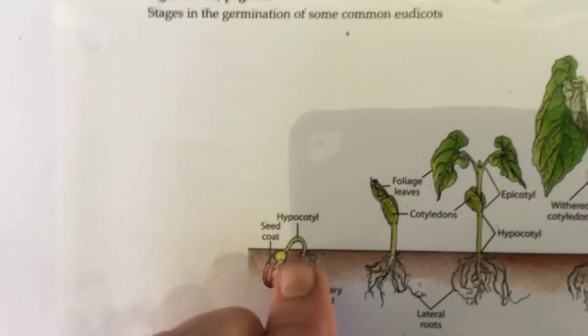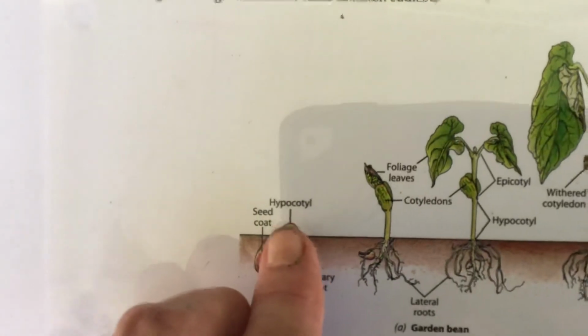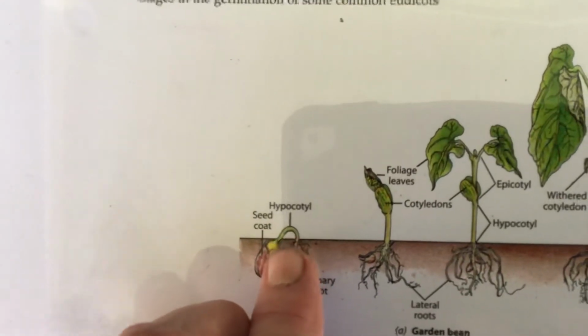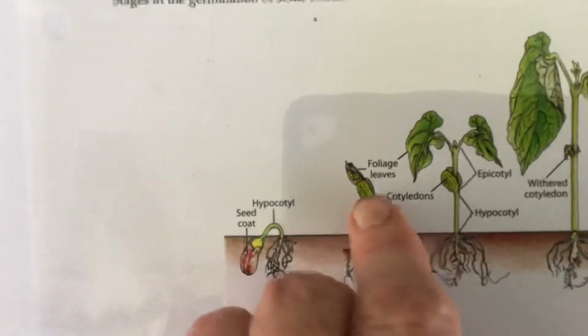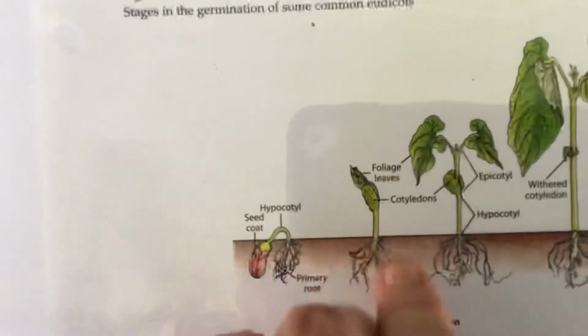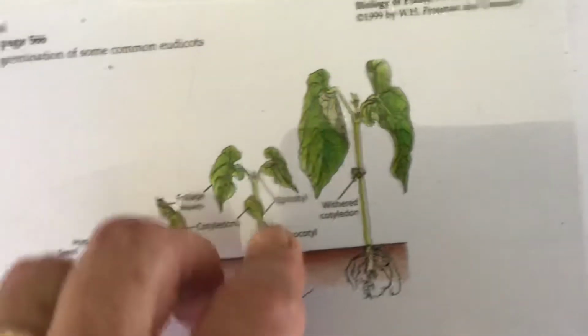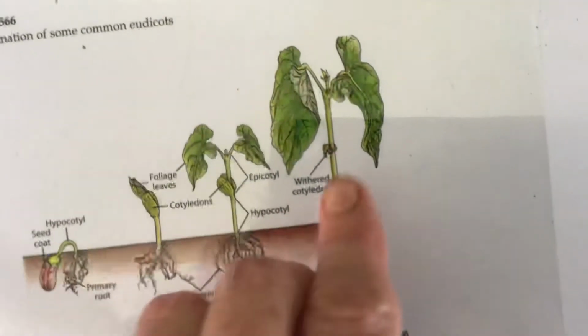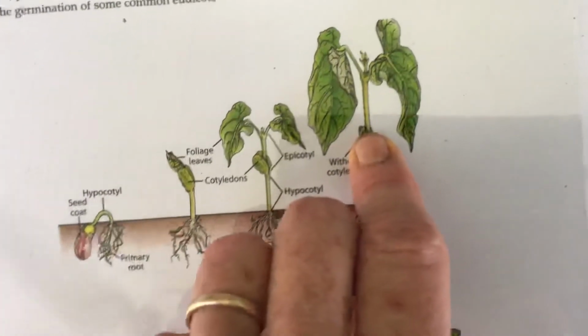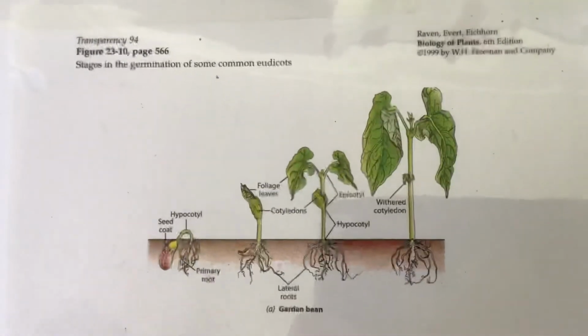That part, as it continues to grow, will pull the cotyledons and the foliage leaves out, and they will start to form and grow into the major part of the plant, and then the cotyledons will wither. The cotyledons are basically nutritive structures, most likely formed from the endosperm.